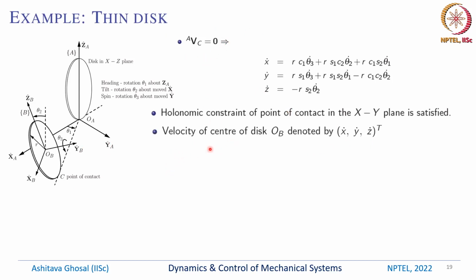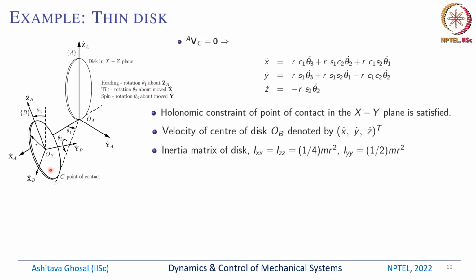The velocity of the center of the disk OB is denoted by x dot, y dot, z dot, as I have mentioned earlier. The inertia matrix of the disk in the body-fixed coordinate system can be easily obtained. These are standard formulas available in many textbooks.